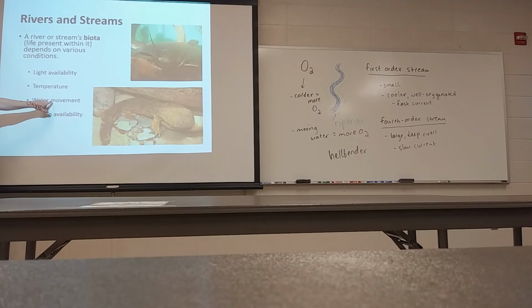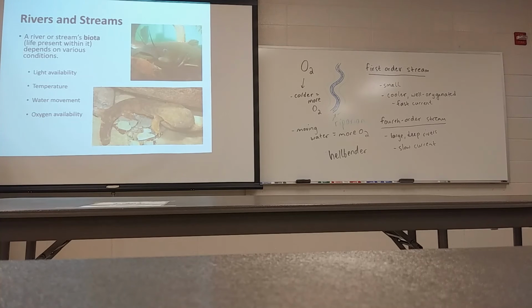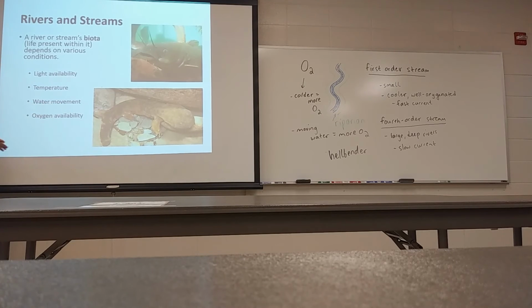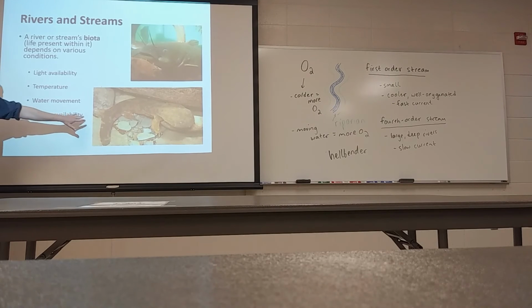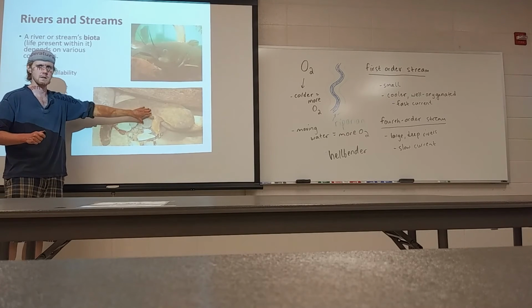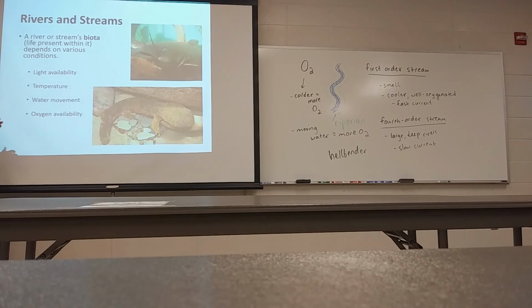And the water flowing over their skin also increases the effectiveness of dissolved oxygen absorption. So cool water with a large amount of water movement leads to maximum oxygen availability, in addition to the folds in the skin for more surface area, and very thin skin to allow greater absorption of O2. It's perfectly suited for those cold, fast-flowing streams.